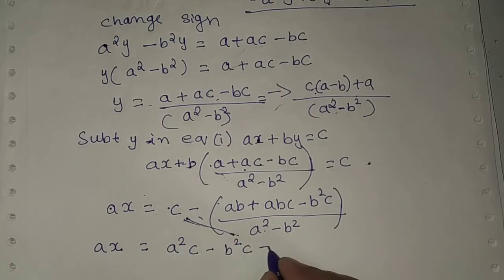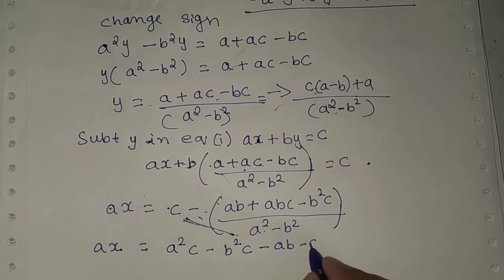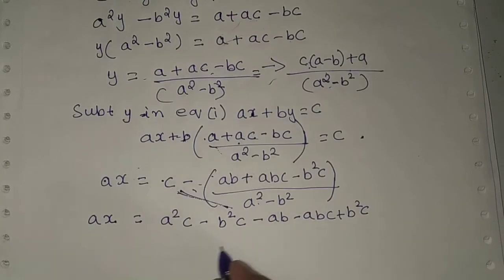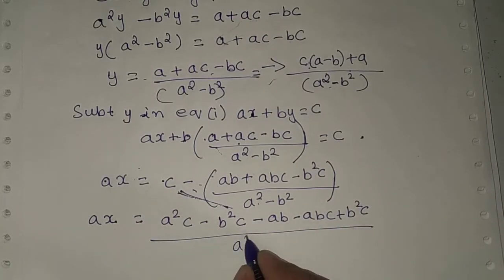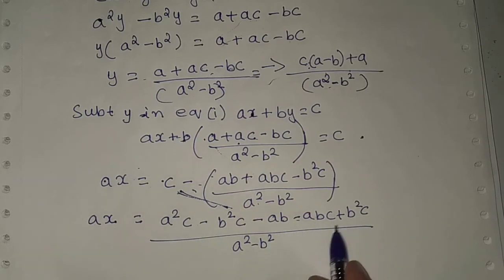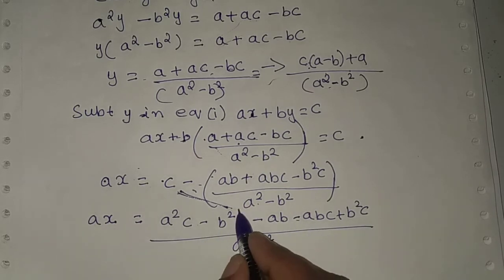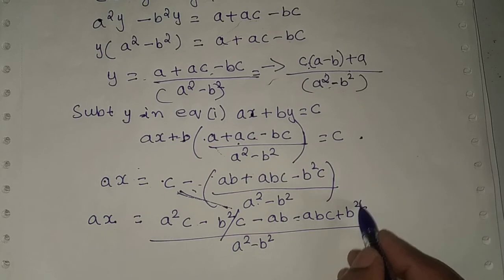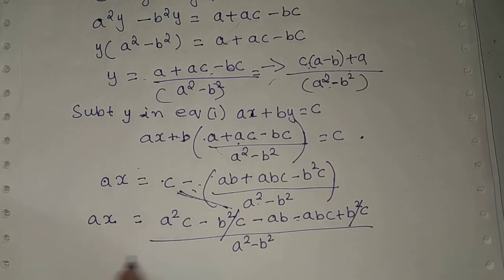Then write down the remaining, remove the bracket, then we get ab minus abc plus b square c. So write down this as it is, a square minus b square. Finally here c, any common thing is there, just cancel. Minus b square c plus b square c cancels.